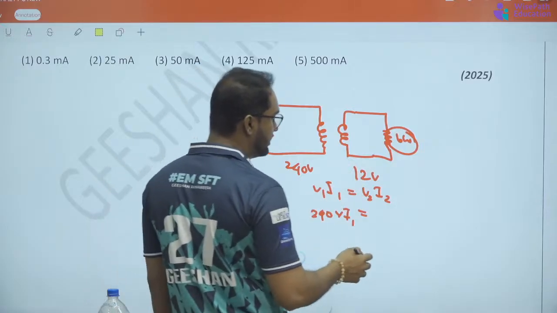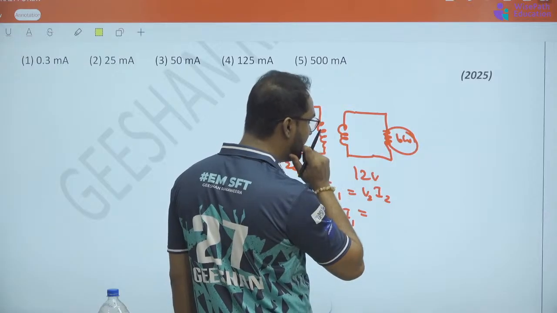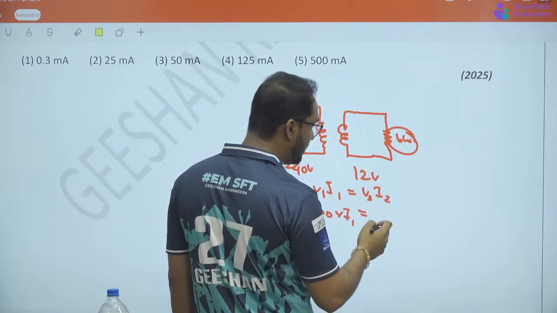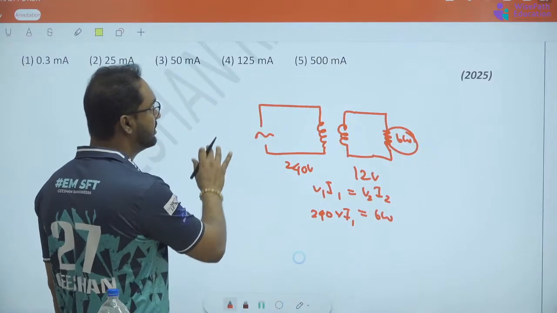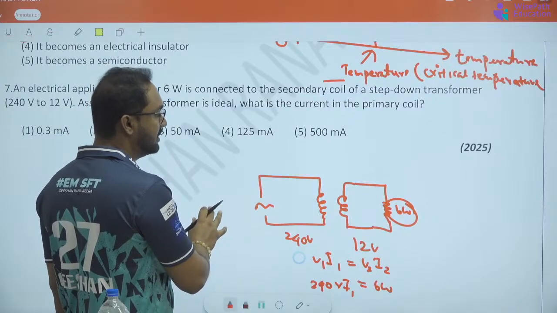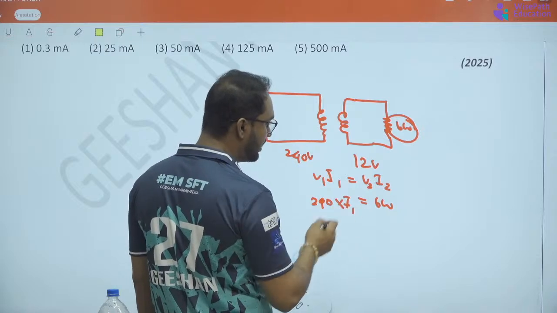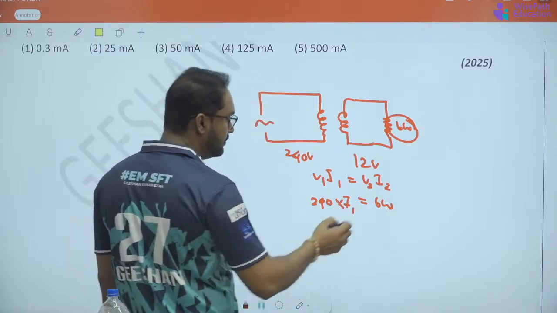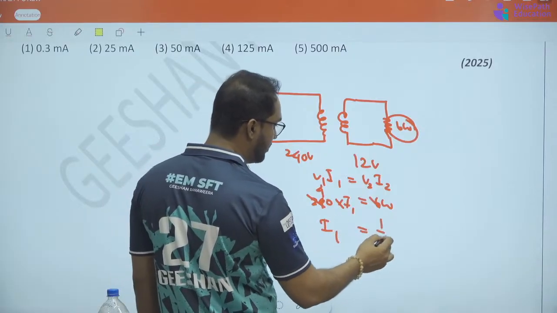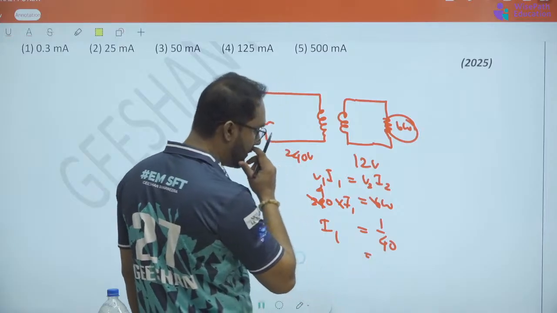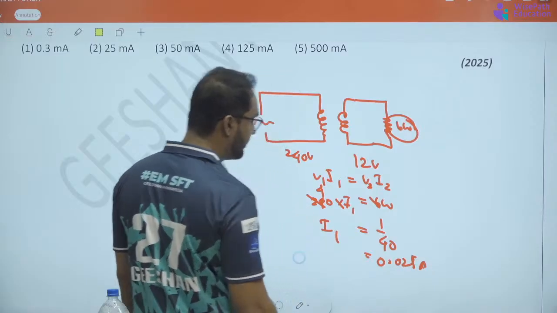For the secondary, you can directly use VI, because the machine is 6 watts, which means it consumes 6 watts of power. Simplifying this, you can get the current of the primary, right? So 6 over 240, I1 equals 1 over 40. That'll be 0.025 amperes of current.